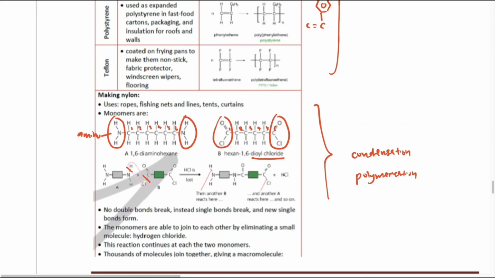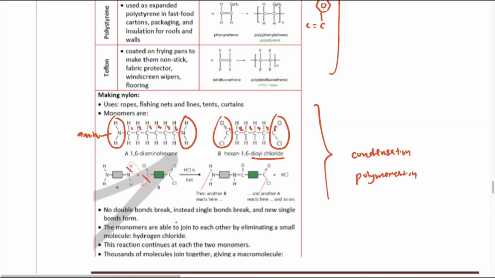A new single bond forms between the N and the C. Here also new single bonds form. So the monomers are able to join to each other by eliminating a small molecule like HCl. Not always HCl, sometimes H2O.